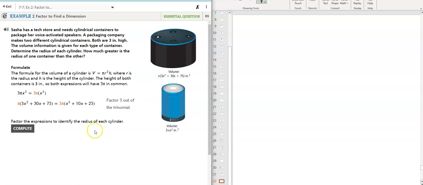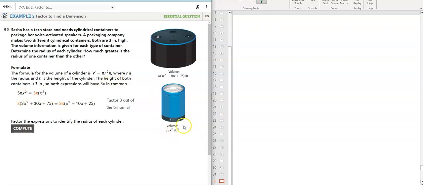So the first thing we have to do is formulate our volume. The volume for a cylinder is pi r squared times h, where r is the radius and h is the height. Because the height is the same for both of these containers, they will both have 3 times pi in common.